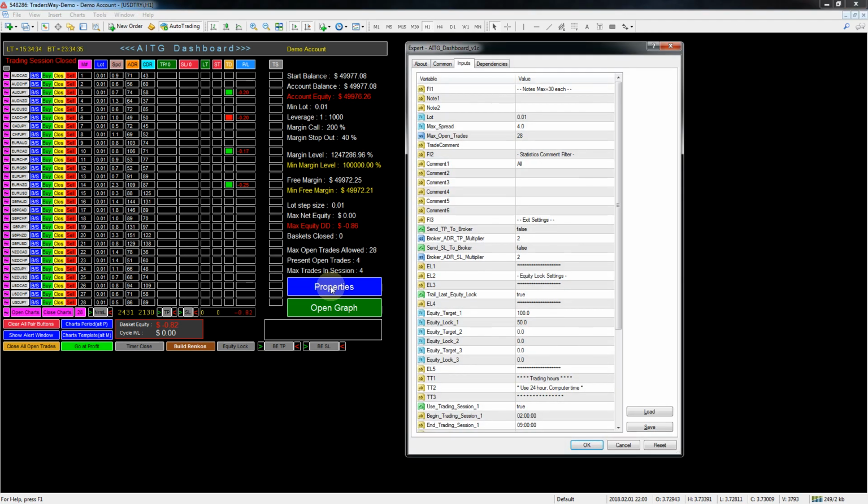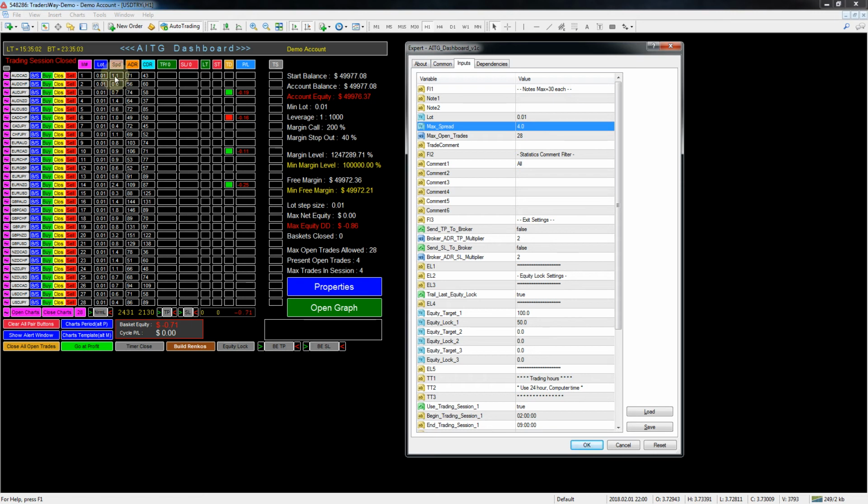Now we can look and see what else we got here. Notes. Remember, the notes appear down here. Note 1, note 2. Just don't make them too long so they go past the end of the box. This tells you what your starting lot size will be. You can set it here, or if you change your mind during some trades, you can change it over here as we said before. Maximum spread.